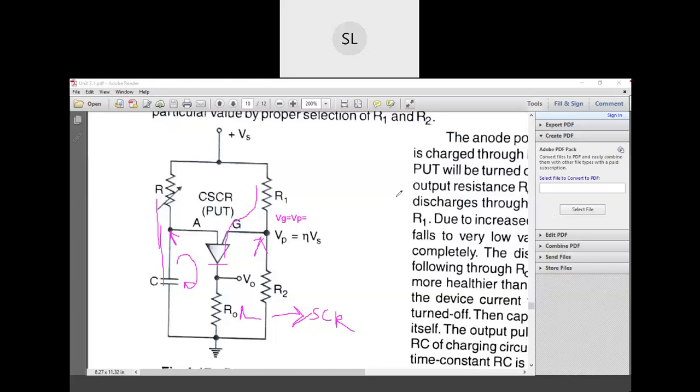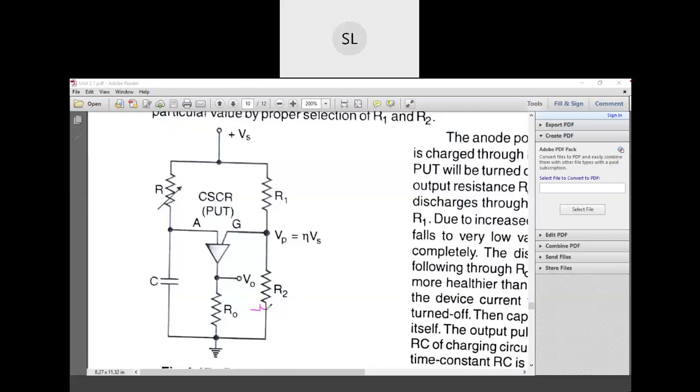Okay, just like the UJT is a relaxation oscillator, the capacitor will start discharging through this resistor R. As soon as the voltage across this capacitor equals the peak point voltage of this PUT, it will be turned on. That's it. Once it has been turned on, the capacitor will start discharging through this PUT and this resistor R naught, and a pulse will be generated across this R naught that can be used as a gate pulse to turn on the SCR.